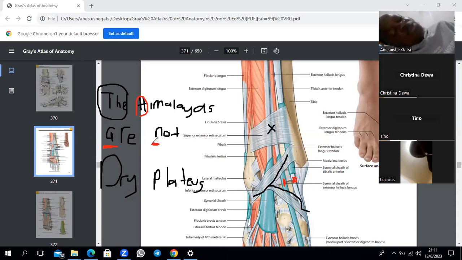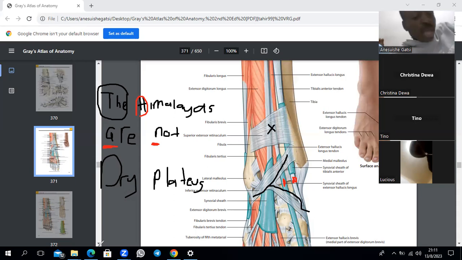Right, so superficial peroneal nerve was for the lateral compartment of the leg. It passes superficial to the extensor retinaculum. I'll show you shortly where it will be going. Deep peroneal nerve passes deep to go onto the dorsum of the foot. I'll also show you shortly where it will be going.